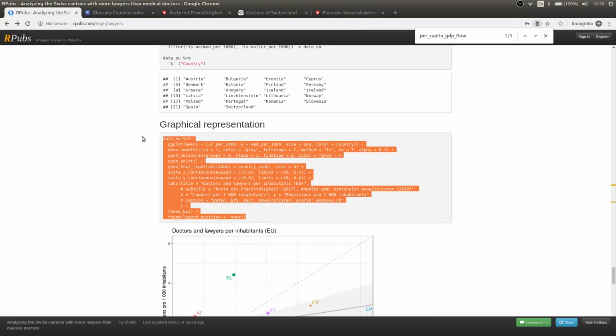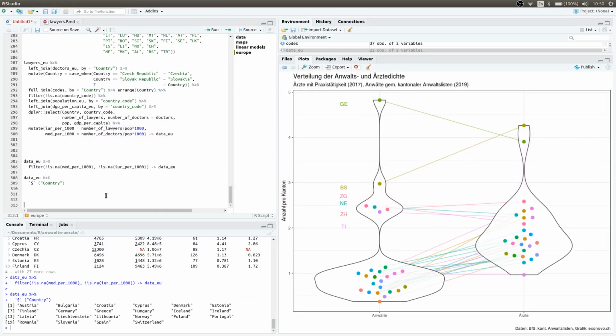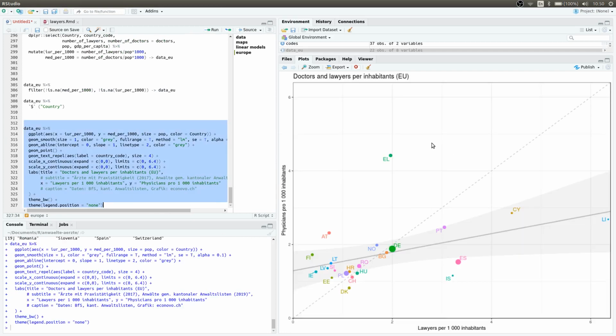So again, let's do a scatter plot and analyze the scatter plot. And we see again immediately EL, just mentioned before, EL is Greece, very high in the number of physicians. It's an outlier in number of physicians per 100 inhabitants. Middle field in the number of lawyers.